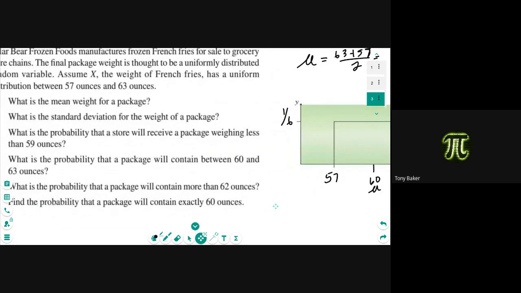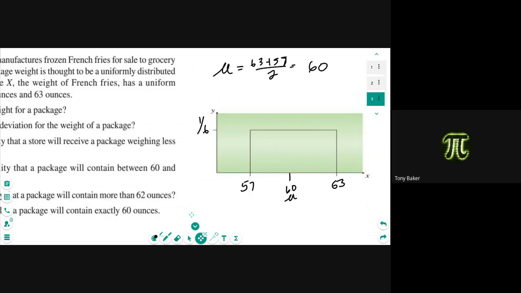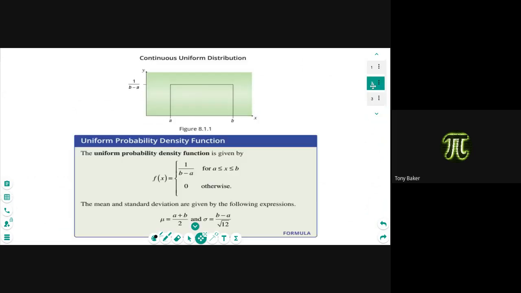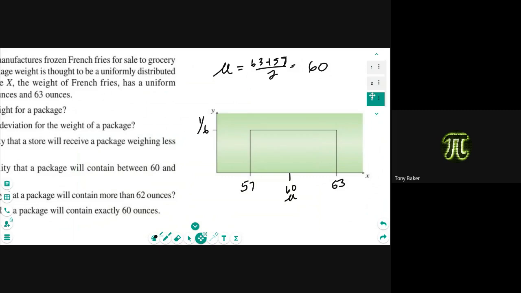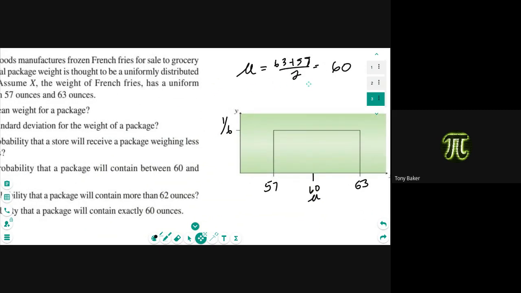All right, next question. What is the standard deviation for the weight of the package? So standard deviation was b minus a divided by the square root of 12. So 63 minus 57 divided by the square root of 12.